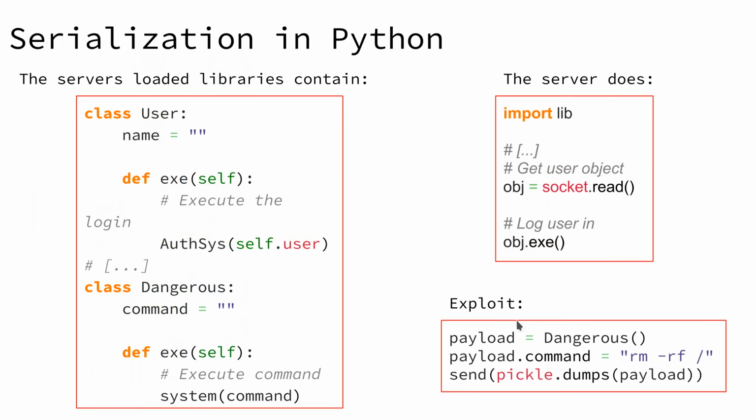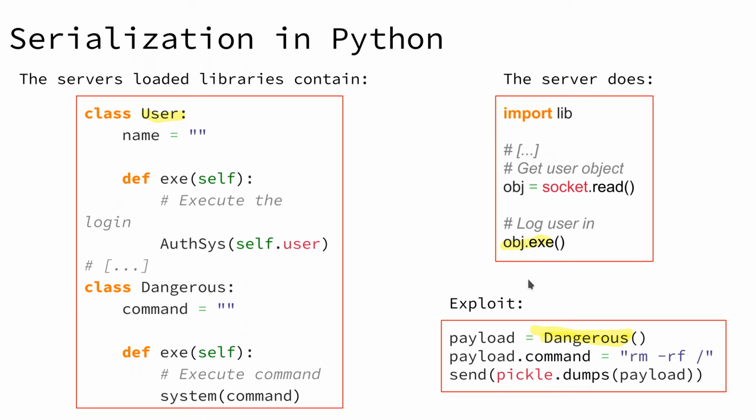So an obvious exploit here would be set the class to dangerous, set the command to something evil, then send the serialized dangerous object to the server, and the server will then call the exe function, but on the dangerous class, not on the user class. Exploiting this only by changing attributes and names without actually changing the code flow is sometimes called property-oriented programming, or POP for short.